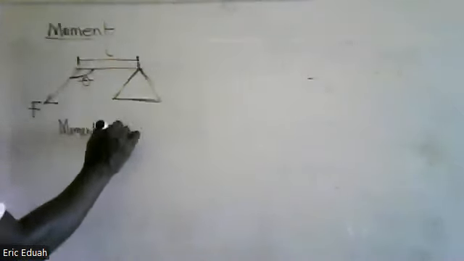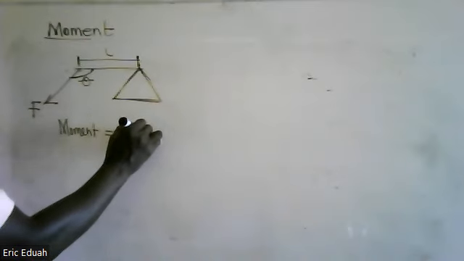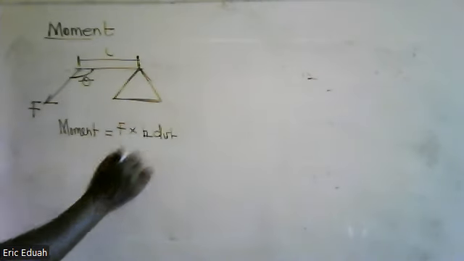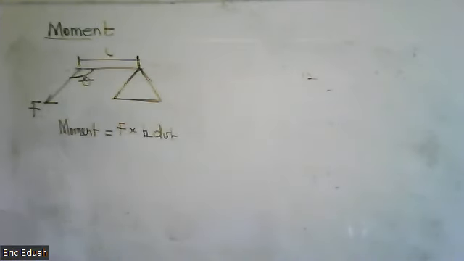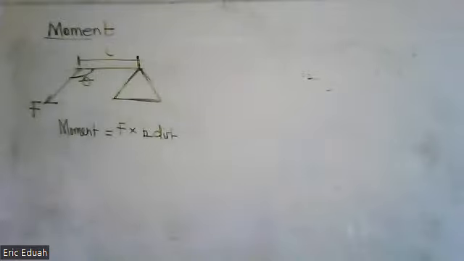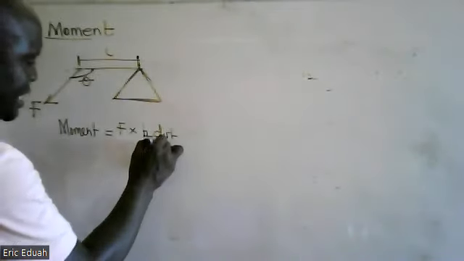all that I need is the force times the perpendicular distance. So here, either the force must be perpendicular to the distance, or the distance must be perpendicular to the force. But this force F is not perpendicular to the length L. Here, L is the distance.